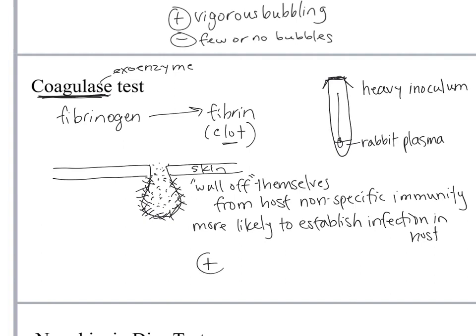And then for a positive coagulase test, what we're looking for is for that rabbit plasma to clot. Usually the whole thing is solidified. Usually you turn it upside down and it's totally solid. Sometimes you'll just get a chunk or two. That's enough to call it a positive. Okay, negative result is that it's still liquid.